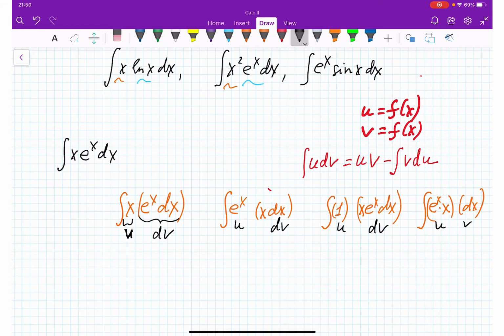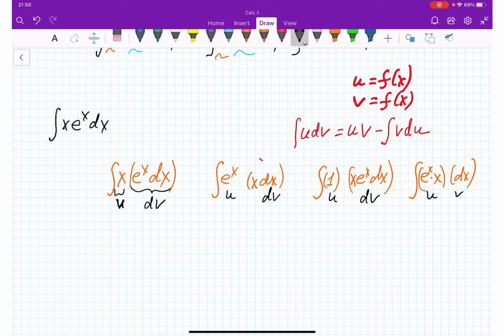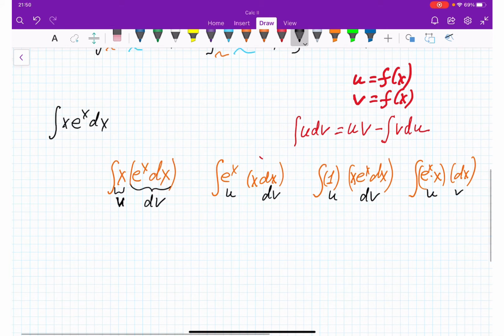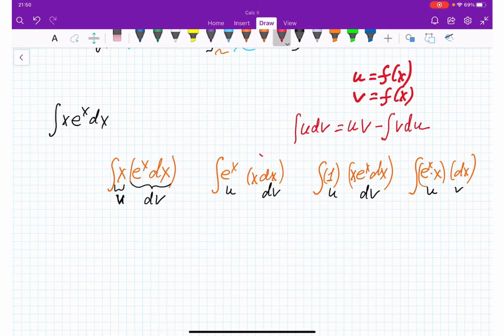Now, how to figure out which one fits best? Because it's a product, you can take all kinds of combinations, and we took all possible combinations. First of all, we need u and we need du, we need v and we need dv.